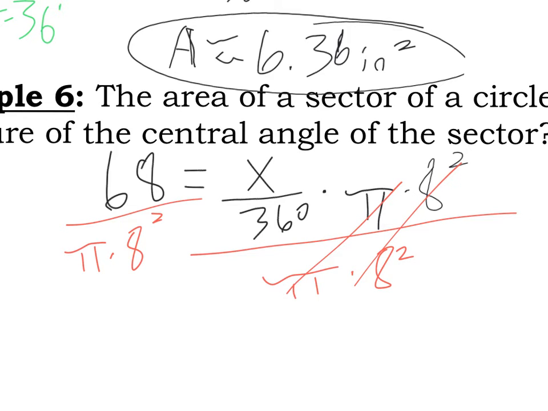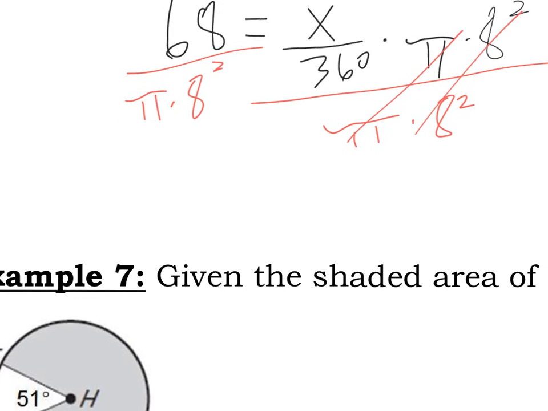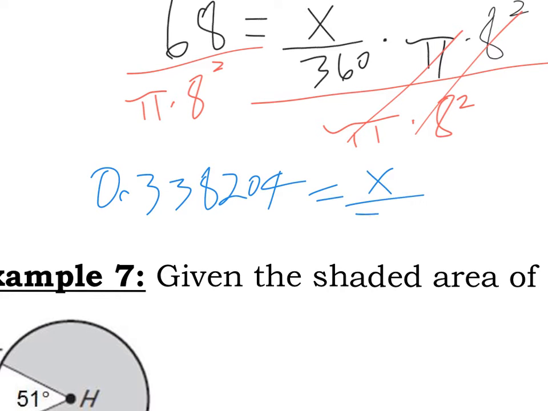And you can leave it as this fraction if you want, but because you get a long decimal, I'm just going to write out the decimal in its entirety. It might be easier to see that way. But after this, I'll show you an alternate way. So I have this 0.338204 times x over 360.